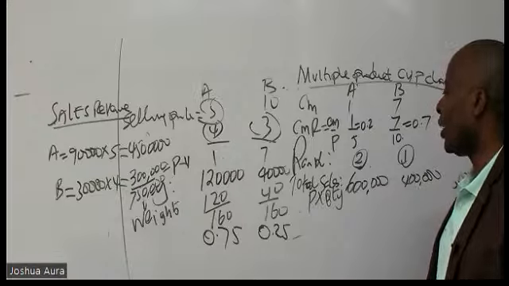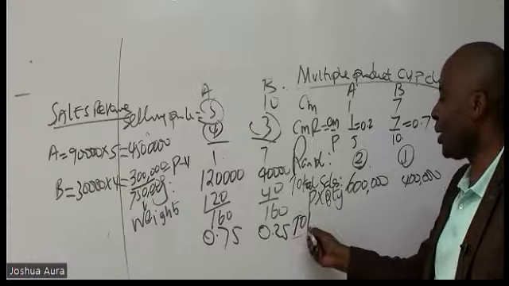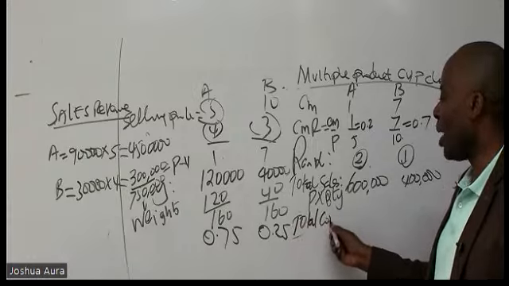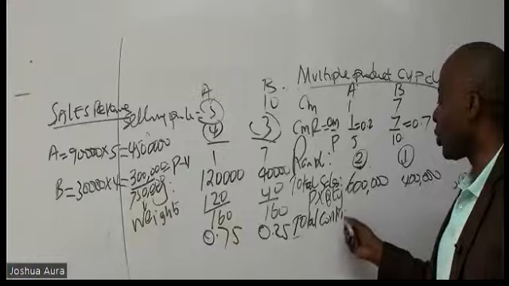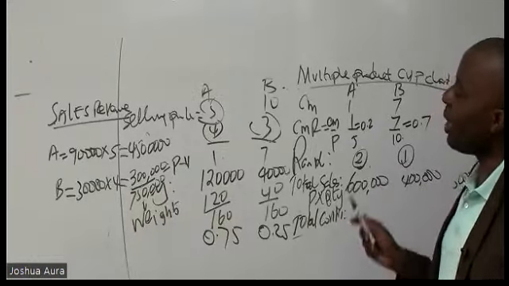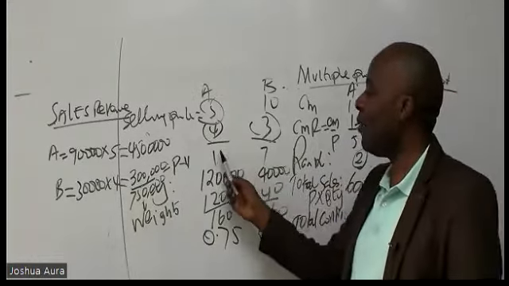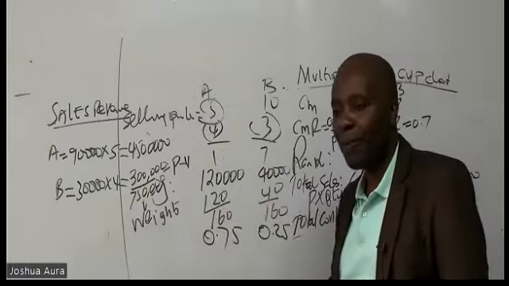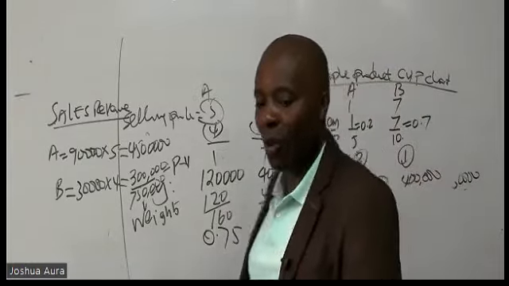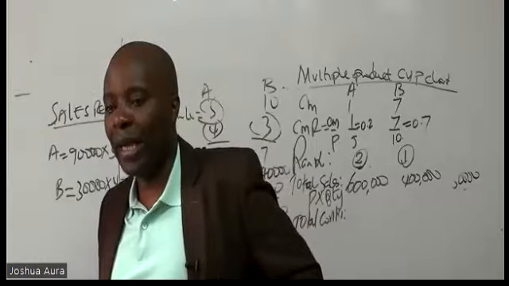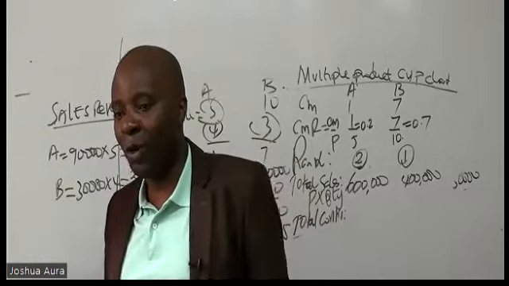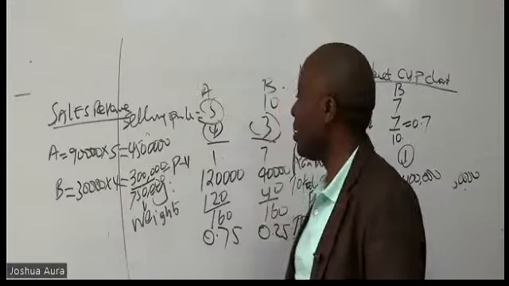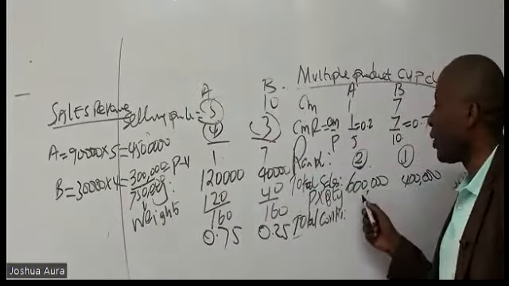Great. Now, after that, we have total contribution, isn't it? Total contribution, remember, I will take the contribution margin that I have here times the number of units. Is there somebody who has the total contribution figures already?